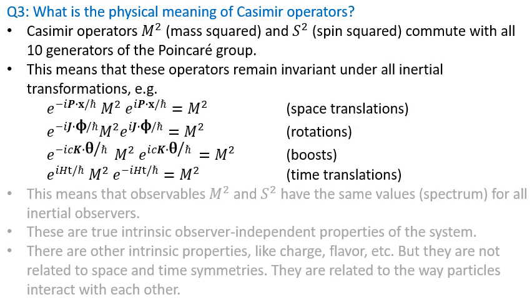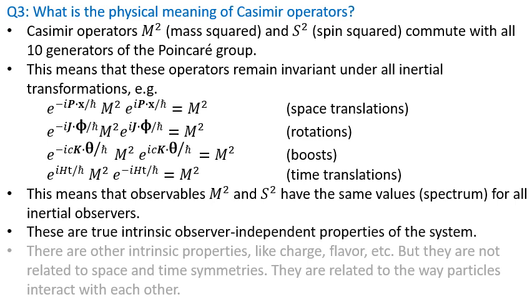Zero commutators with generators means that Casimirs remain invariant under all inertial transformations. This means that if one observer measured certain values of mass and spin in a physical system, then all other observers would agree on these values.